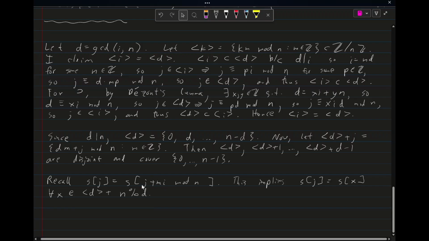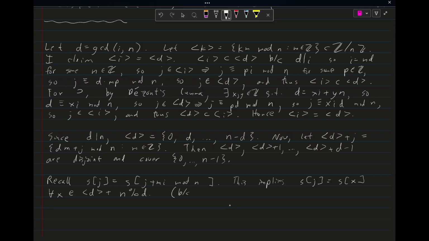This is basically taking J. Because J plus Mi mod n, this is going to be the subgroup generated by I plus J, which is equal to the subgroup generated by D.